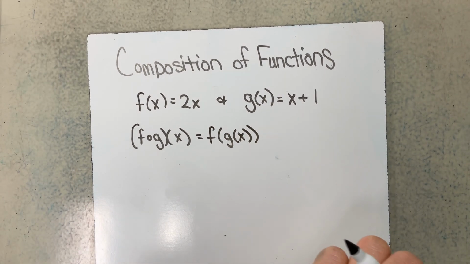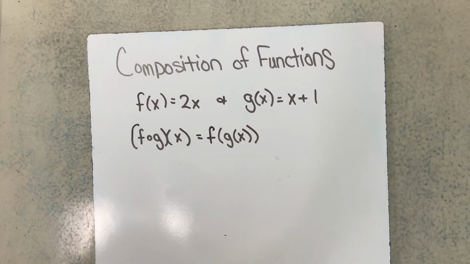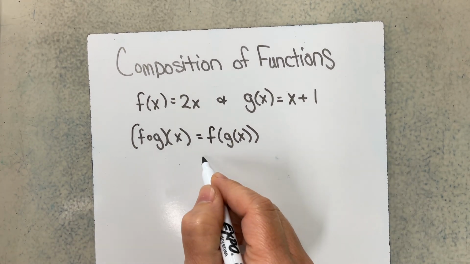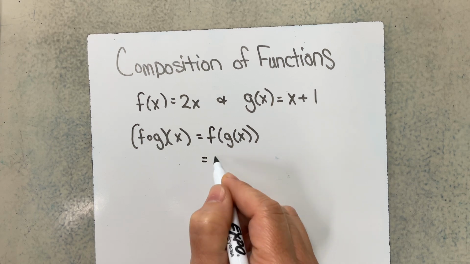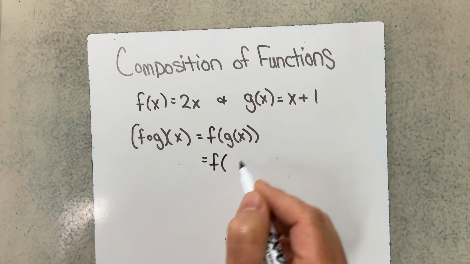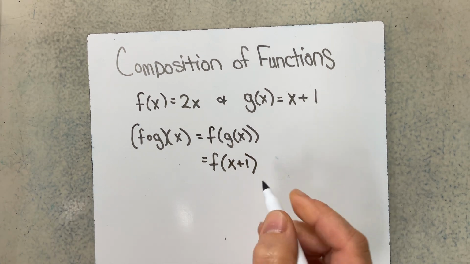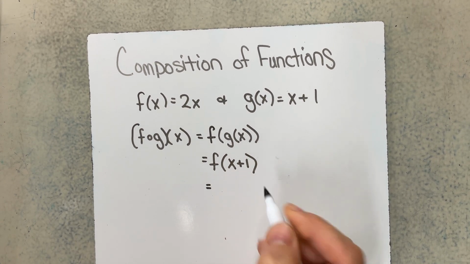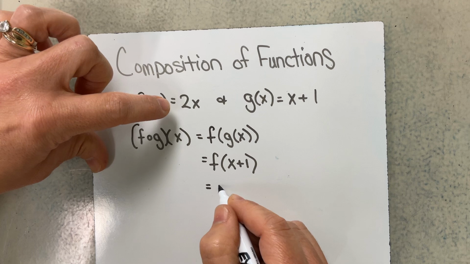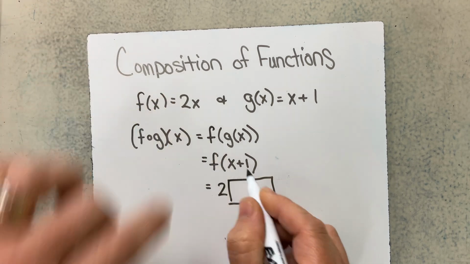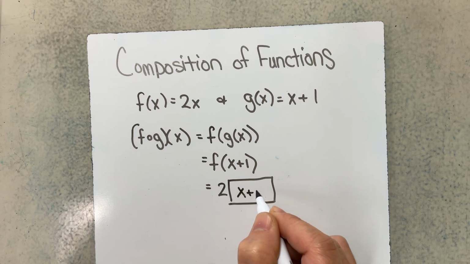It shows up in books both of these ways, so you just have to make sure you're comfortable with it. Our g of x is this x plus 1. So we're going to plug in for the x, x plus 1. So we have 2, and there's our x term, but for the x term, we're plugging in x plus 1.